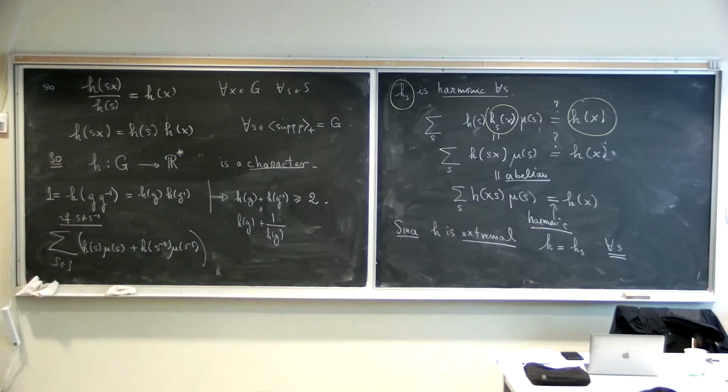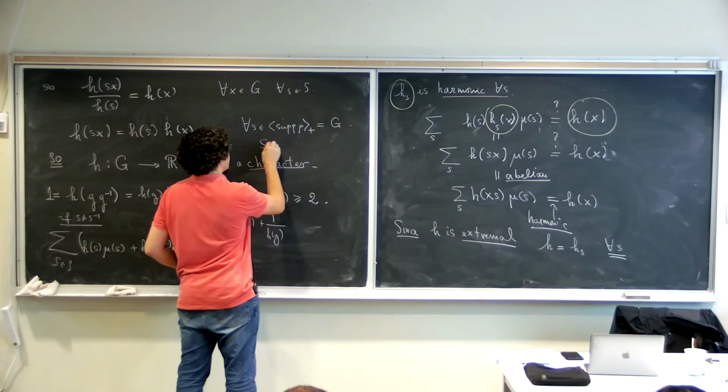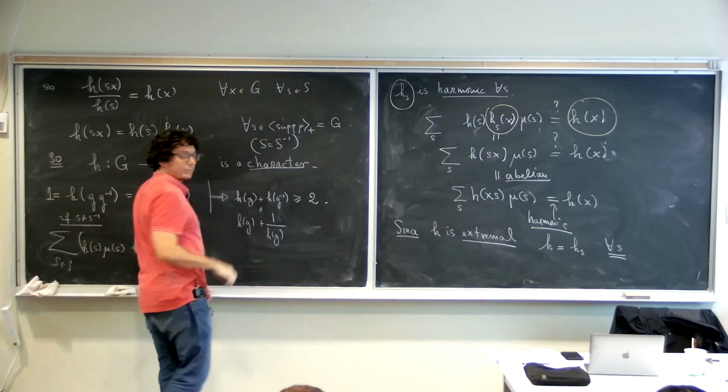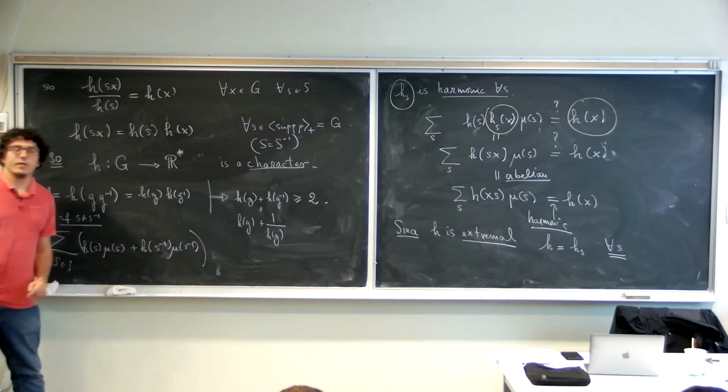And this I can always do. We're assuming that the measure we start from is symmetric, so S is S inverse, and the measure mu of S is the same as mu of S inverse.